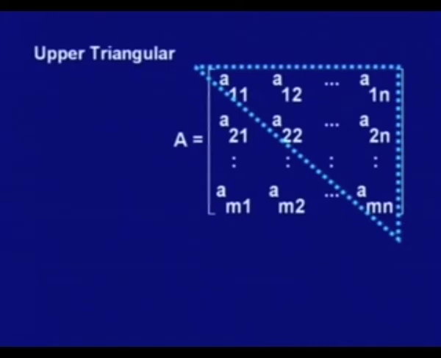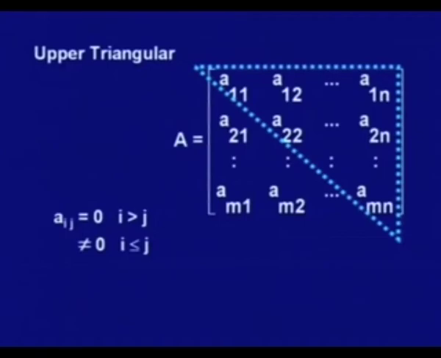So, I define an upper triangular matrix as the one in which all elements which appear on the lower side of the diagonal, that is Aij with i greater than j, are 0, and the non-zero elements appear only in the upper side of the diagonal. So, the upper triangular matrix is one where non-zero elements appear on the upper side of the diagonal, the diagonal included, in the triangle.